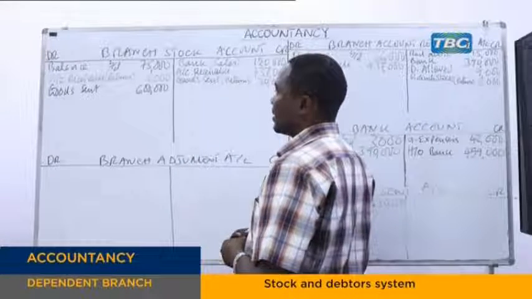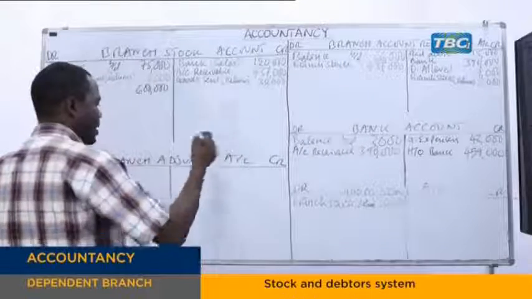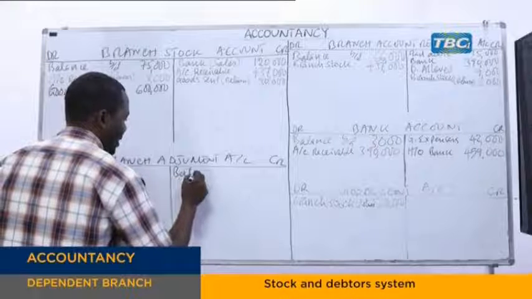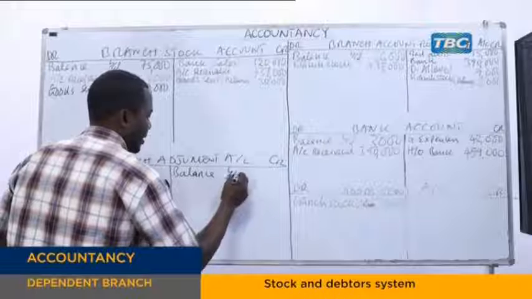So before we recognize the 200 here, we need again to compute the unrealized profit in the opening balance.